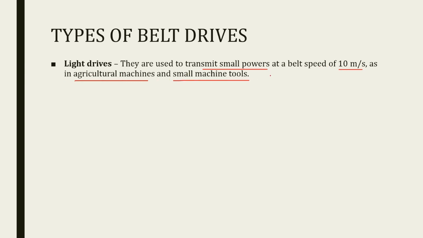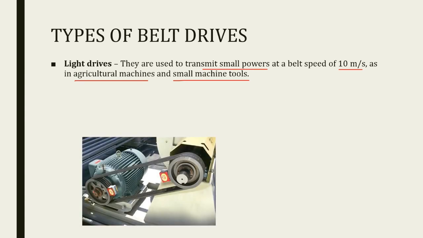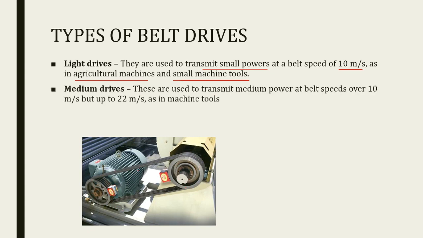It is used when the belt speed is up to 10 meters per second and it can be used for lighter applications such as in agricultural machines and small machine tools. You can see the belt which is wound over two pulleys, and one pulley is mounted on the shaft of the motor and the other pulley is mounted on the shaft wherein the machine is operated, and this is a belt drive.